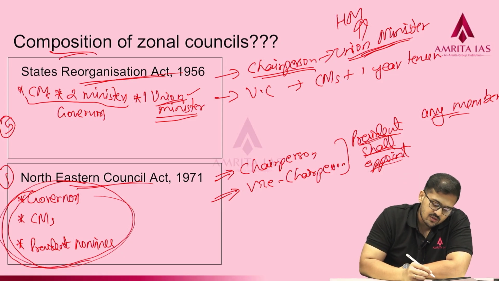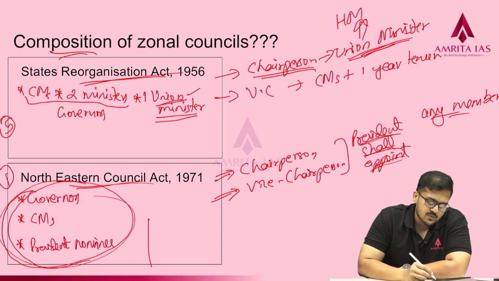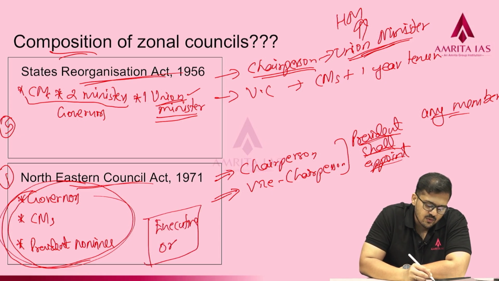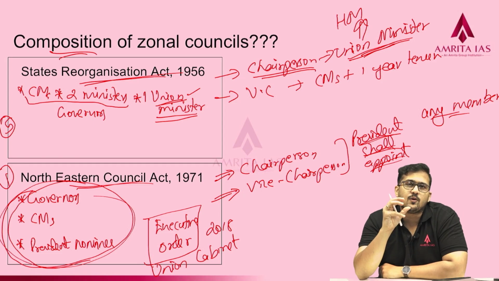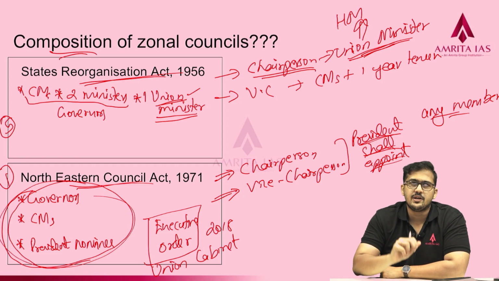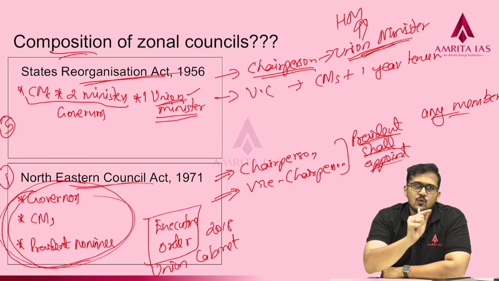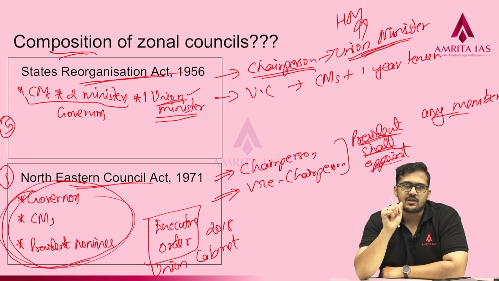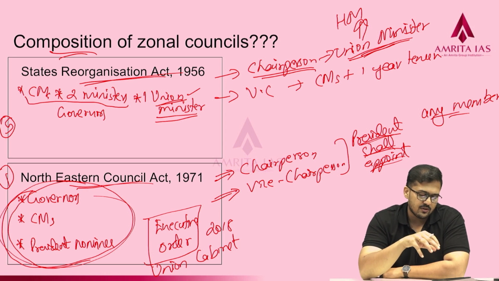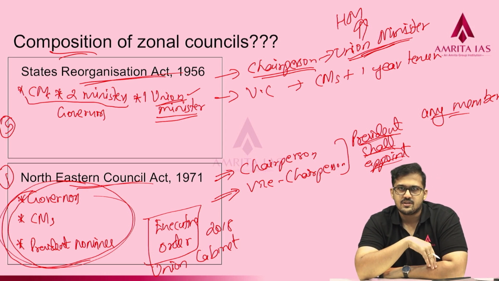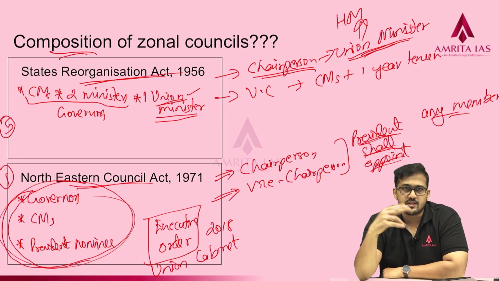Now with respect to the Northeastern Council, we have a specific executive order. An executive order was passed in 2018 by the Union Cabinet. The Union Cabinet through this executive order specified two things. The Union Home Minister shall be the ex officio chairperson of the zonal council in the Northeast.